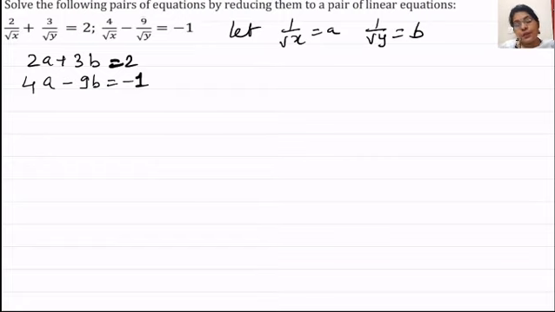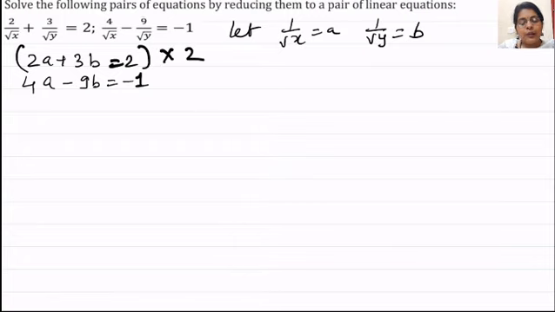Now we have made these two equations. Now it has become linear form. We have to adopt either of the methods which we have learned, either elimination or substitution or cross multiplication. The elimination method is the easiest way to solve. What we have to do is simply multiply this equation with 2.